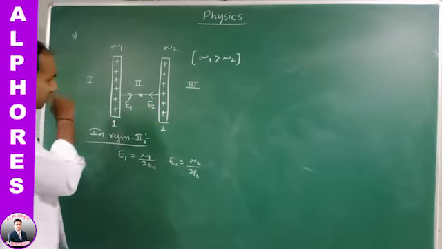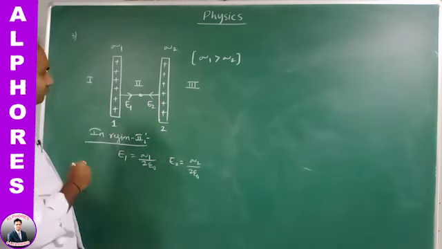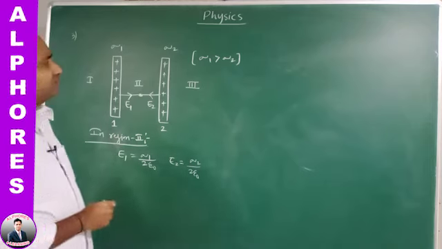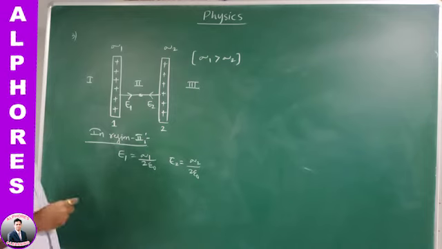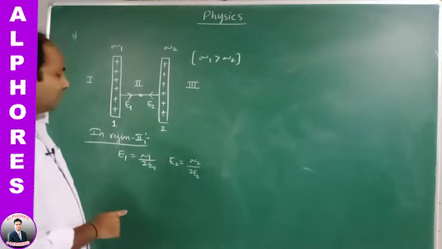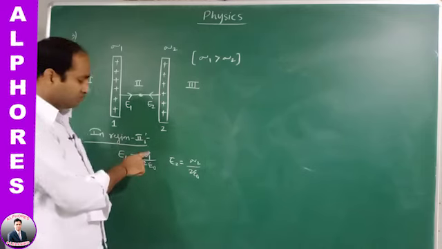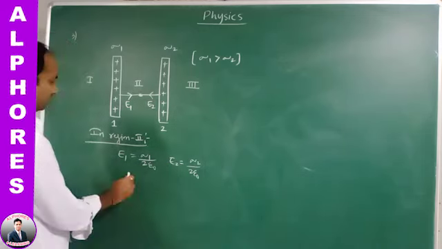If you observe, E1 and E2 are opposite in direction, and they gave the condition that sigma 1 is greater than sigma 2. When sigma 1 is greater than sigma 2, E1 is greater than E2. E1 is sigma 1 by 2 epsilon naught, E2 is sigma 2 by 2 epsilon naught.